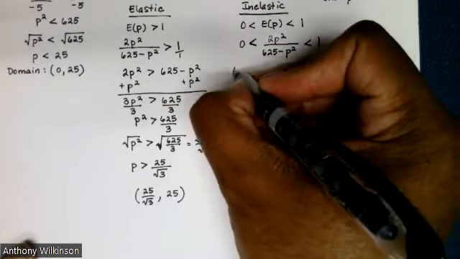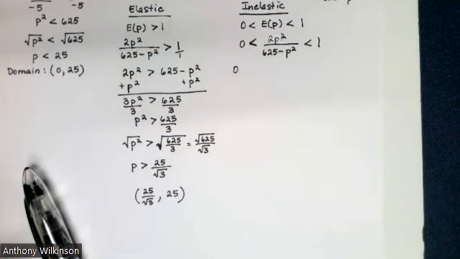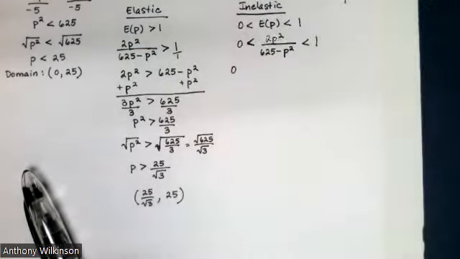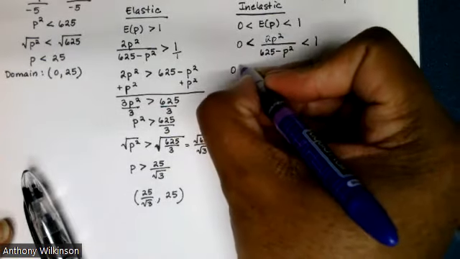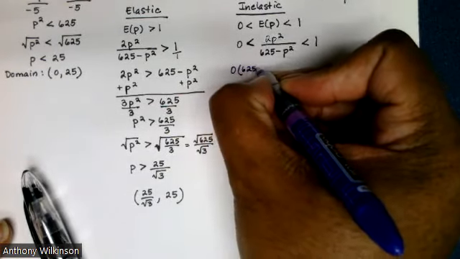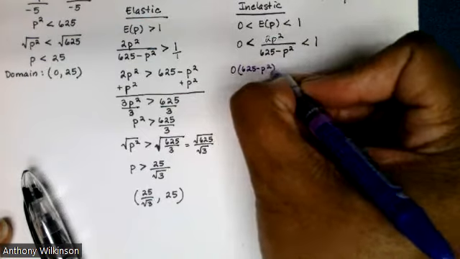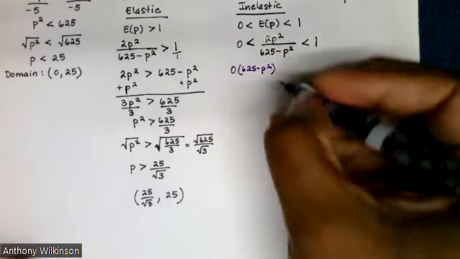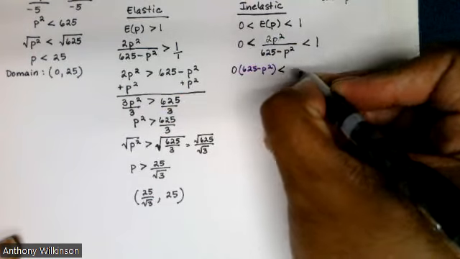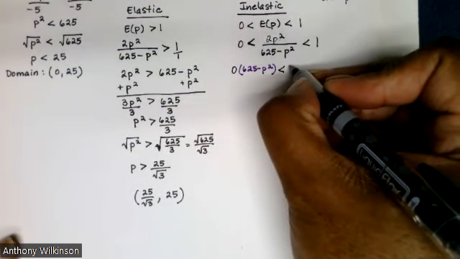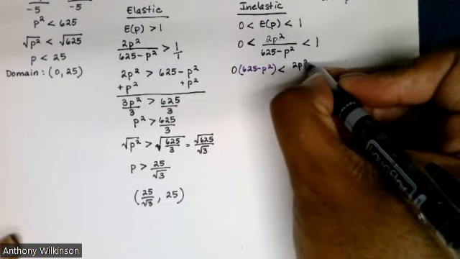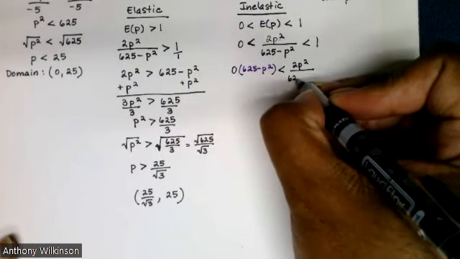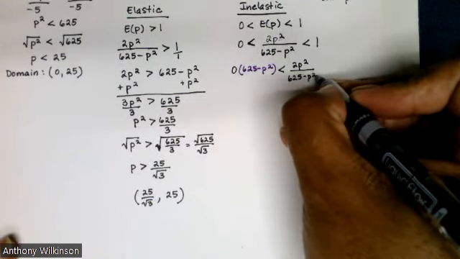So this 0 will be multiplied by that 625 minus P squared. And then less than 2P squared over 625 minus P squared.